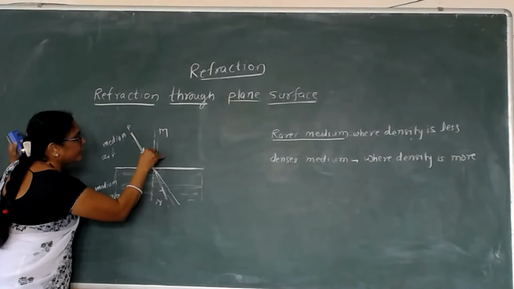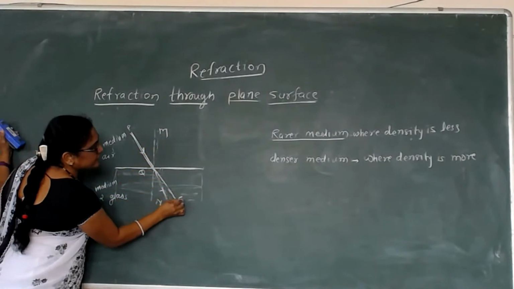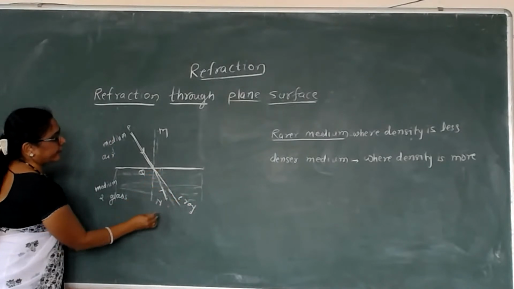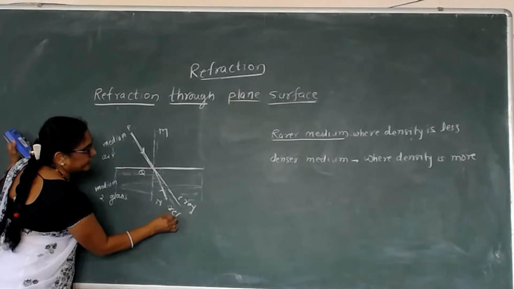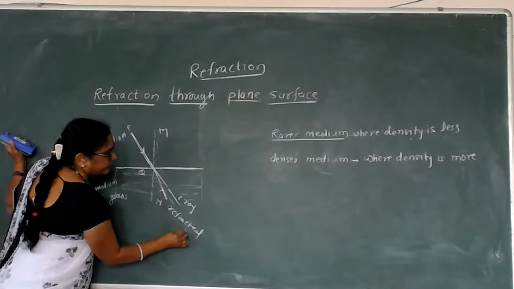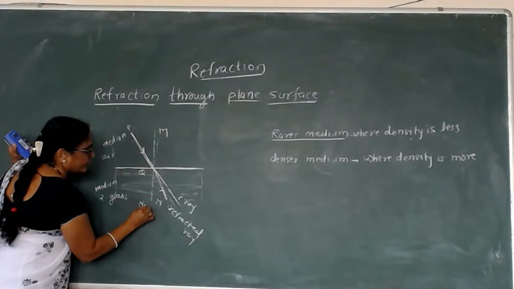This ray is known as the incident ray. This ray is known as the refracted ray. And this ray is known as the normal ray.